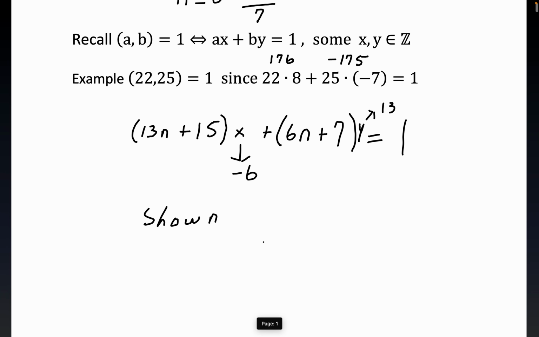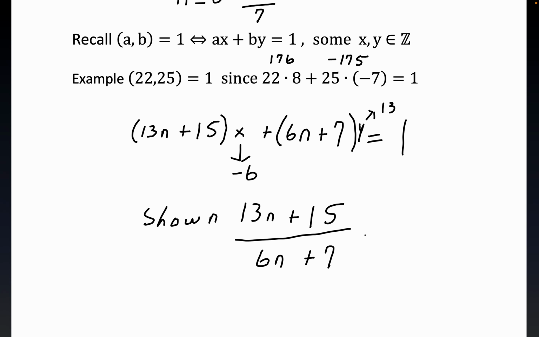Okay, 13n plus 15 over 6n plus 7 is reduced, since 13n plus 15 and 6n plus 7 have no common factors. 6n plus 7, whatever I said, is reduced.